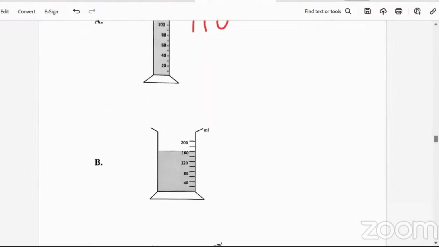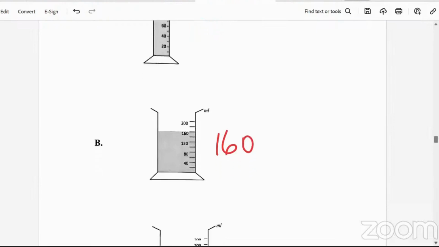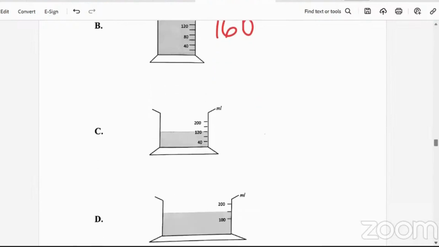All right, this one has 160. So 160 so far, B so far. This one has 120 milliliters. And then the final one has 100. It's pretty much halfway between 100 and 200, so that's 150.